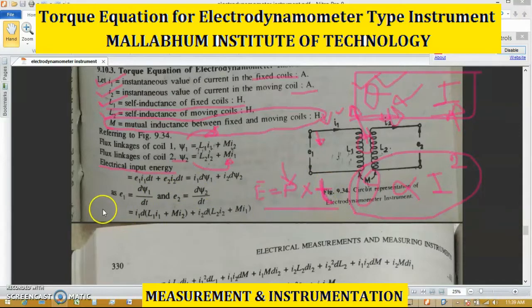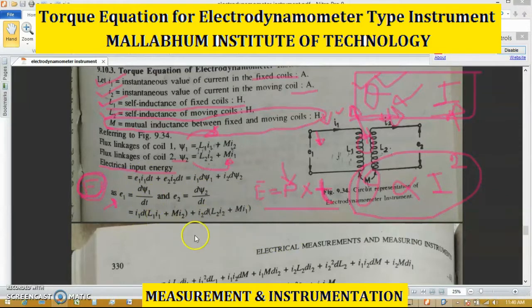From Faraday's induction law, e1 = d psi1 by dt. You can see in any reference book that flux is the integration of potential. That is the main principle of the relation between the EMF and the flux from Faraday's law.